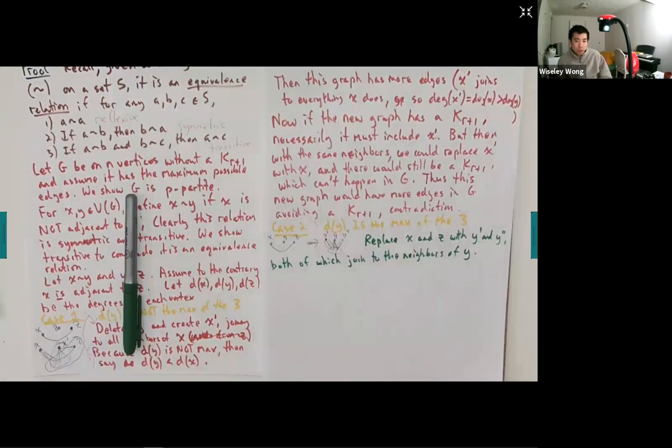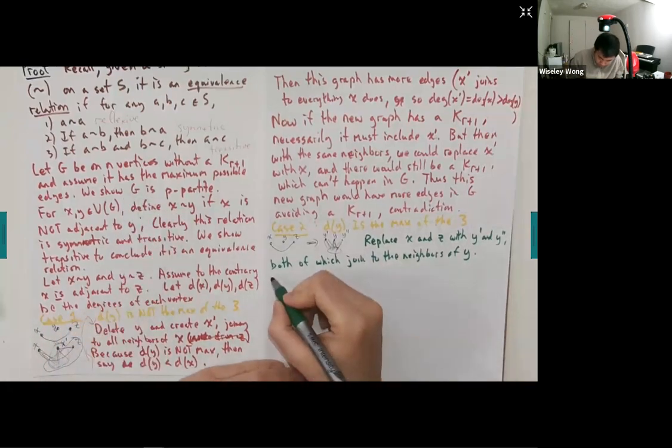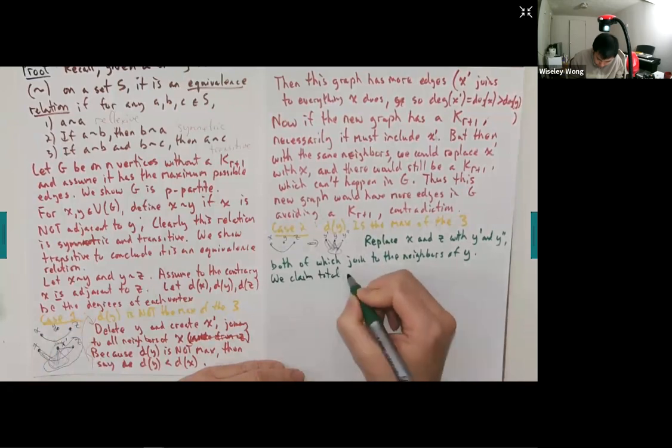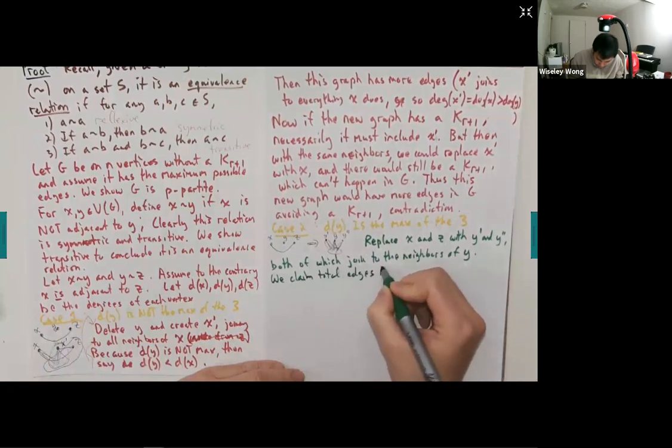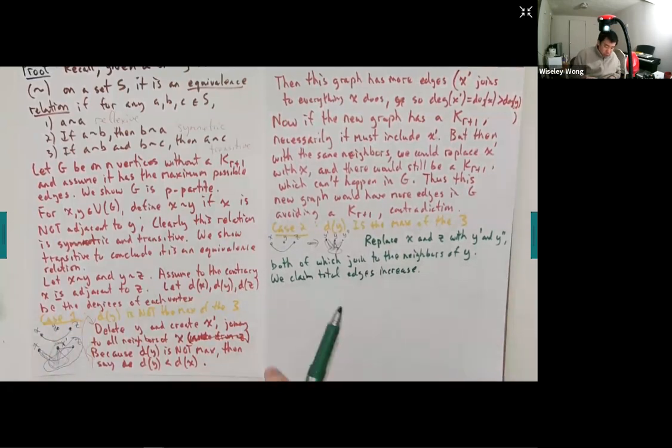And so we're going to claim here that, again, if you do this, the number of edges will increase. You should be able to see from this picture, if you follow this argument, the same thing is going to happen here. I will explain why that is increased in a second.